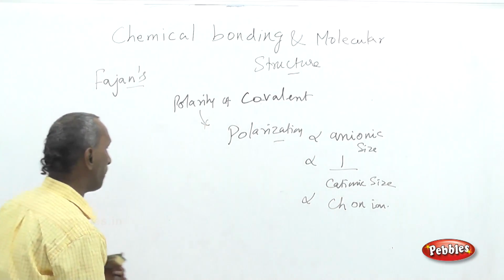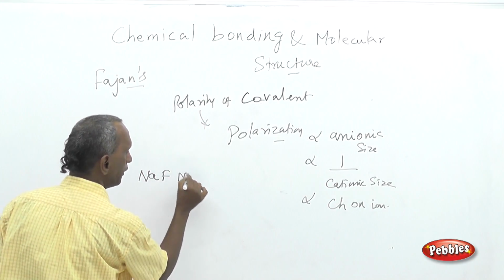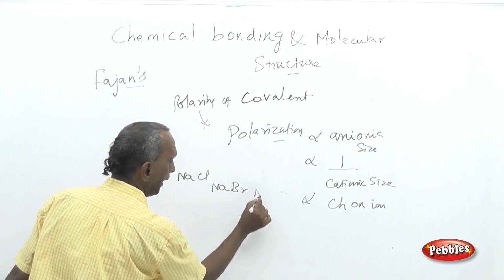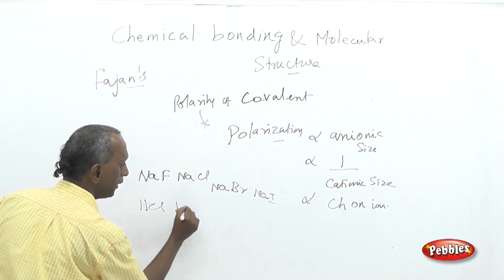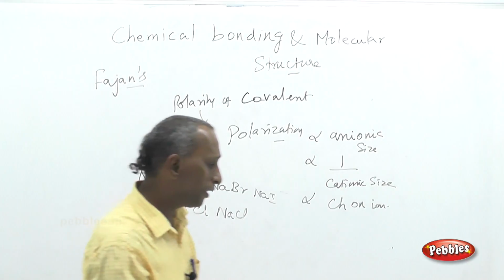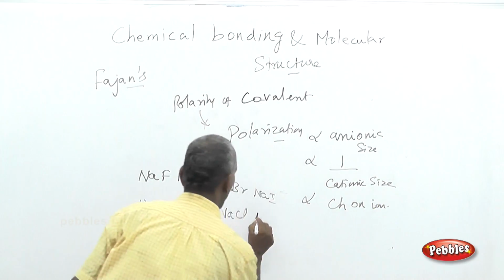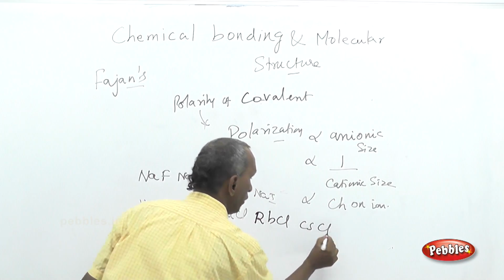What is meant by this? Let us compare these two. The same examples: NaF, NaCl, NaBr and NaI. In the other case, HCl, LiCl, NaCl, rubidium chloride, cesium chloride. We are comparing.